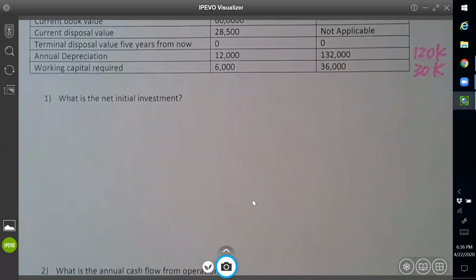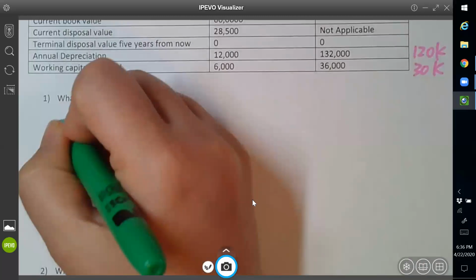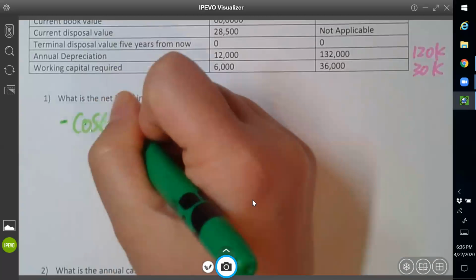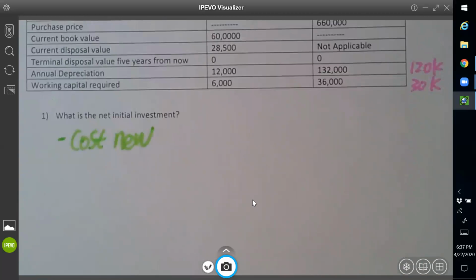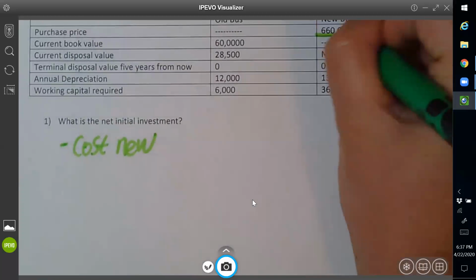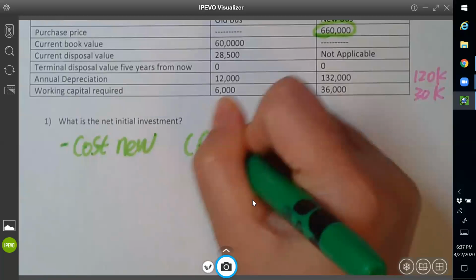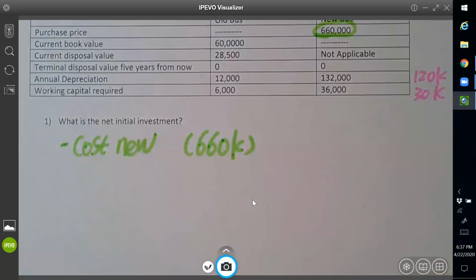So the 3 items, the first one is the cost of the new bus. No doubt, I don't worry about my students, you are so smart, you know the cost of a new bus. You can see it from the information here: 660,000. It's an outflow, so I put negative there, 660,000 outflow.